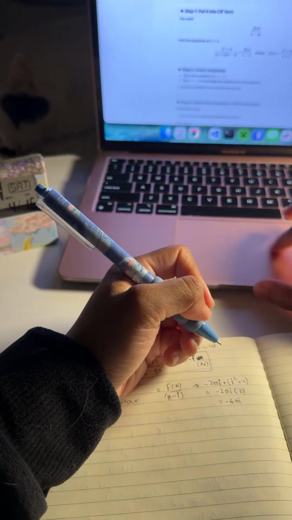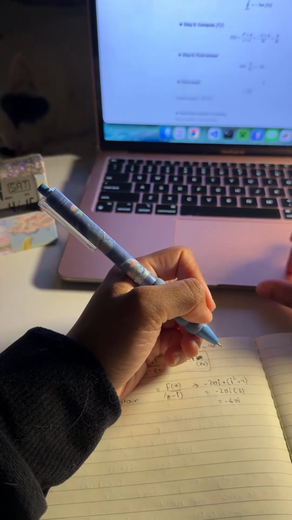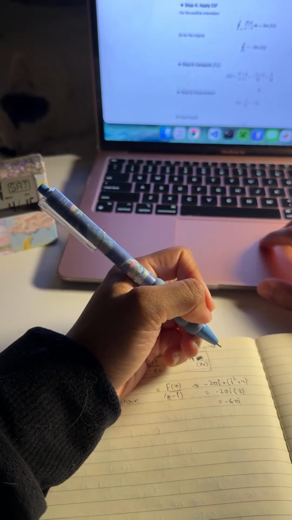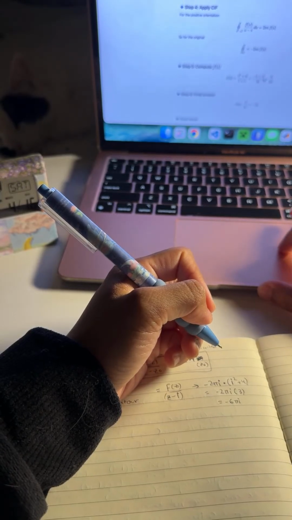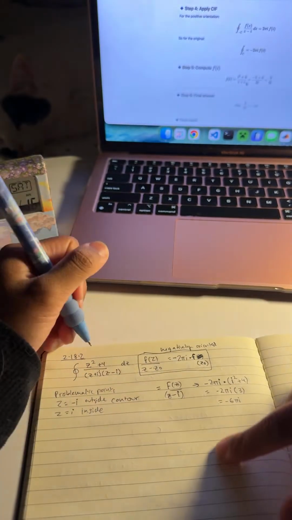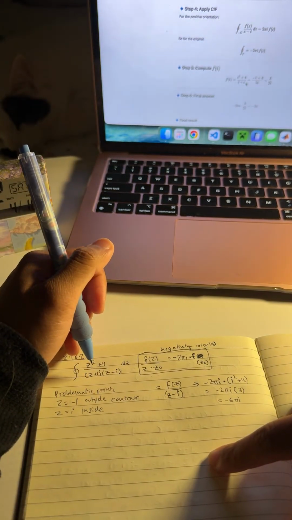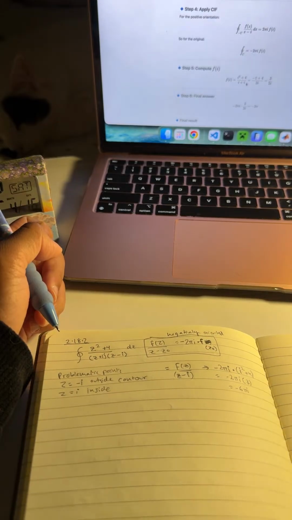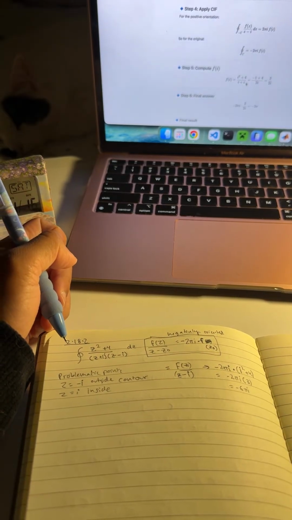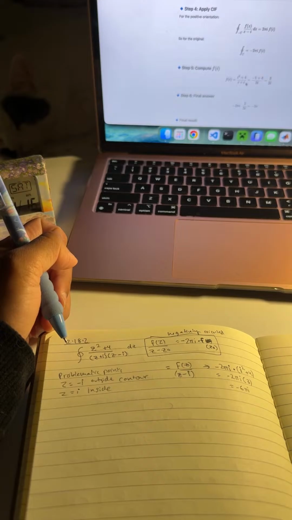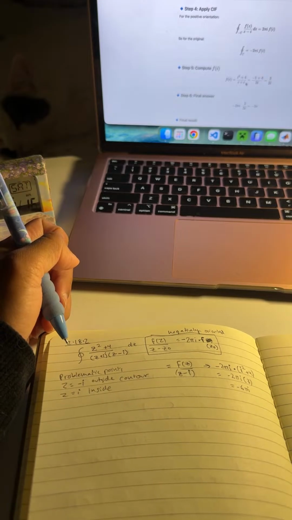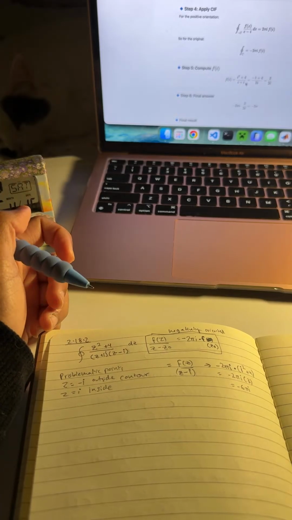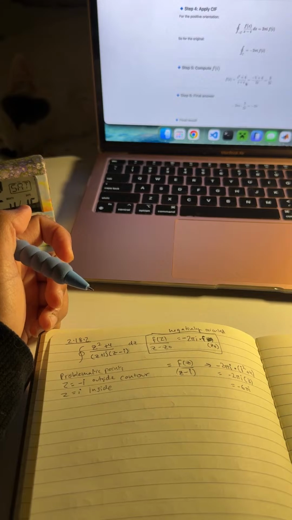I don't know if that's the answer though. It's negative 3 pi, how? So if we compute it, the bottom, oh, I forgot. Computing f of i with the denominator equals i plus i, but we're looking at z minus i.